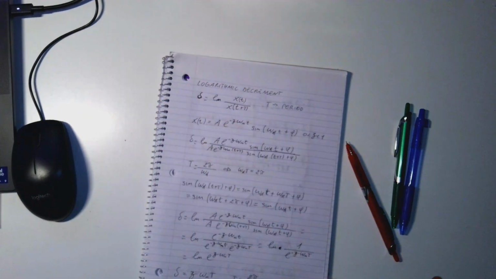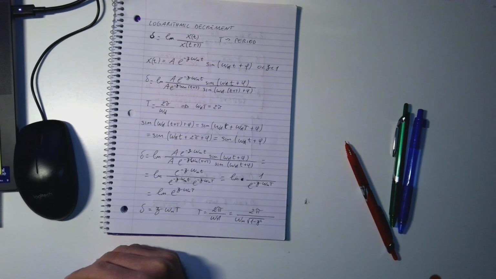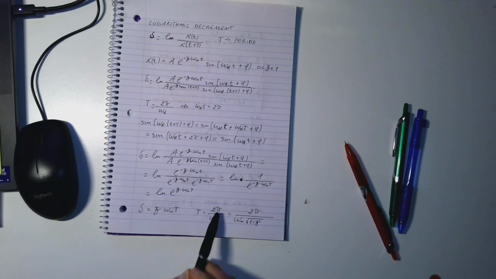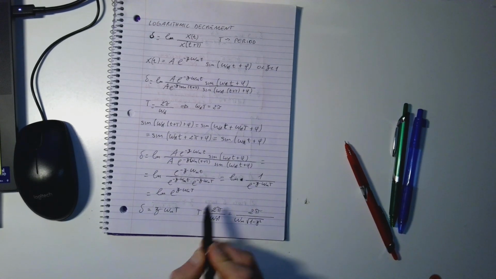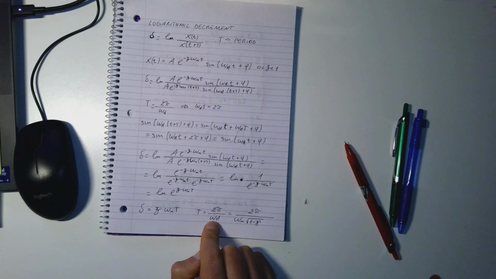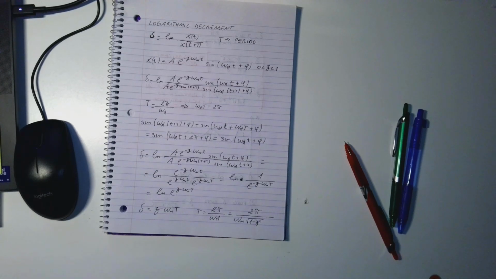So how did we come up with the period? This is something that we obtained from the expression of the relation between the frequency and the period. So frequency and period are related to each other through this quantity here, through the 2 pi. And we know that the period is basically how long it takes to complete one cycle for our system, and then omega d in this case is the damped natural frequency, so it is the number of peaks that we have in one unit of time.